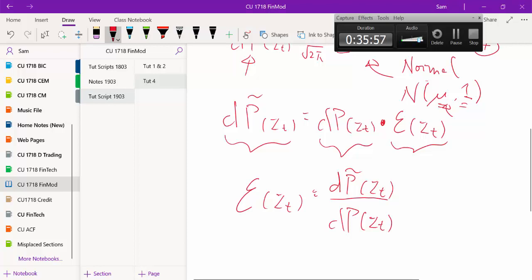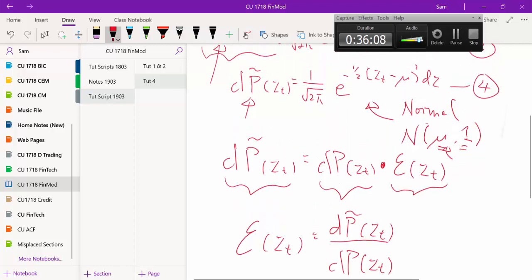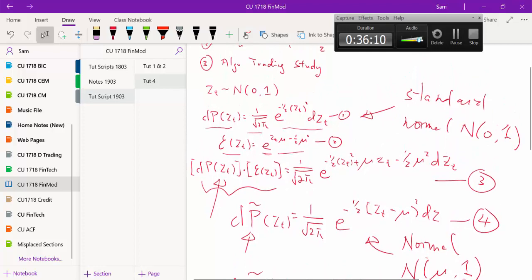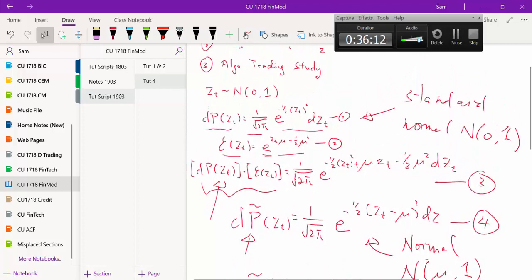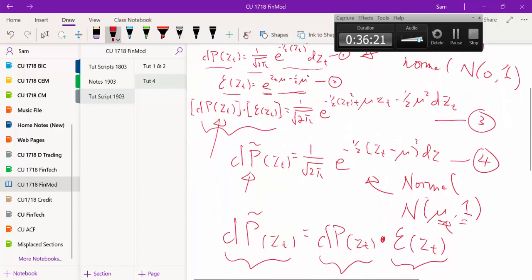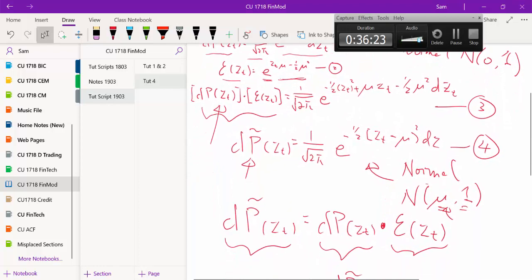Now, you have to think about these concepts back to front. I really mean that. Think of it going this way, and then think of it coming back. In the original direction, I had a standard normal distribution. I simply multiplied by a certain function that I handpicked, epsilon, and I get a new probability density with a mu, with the mean changed, but the variance did not change.